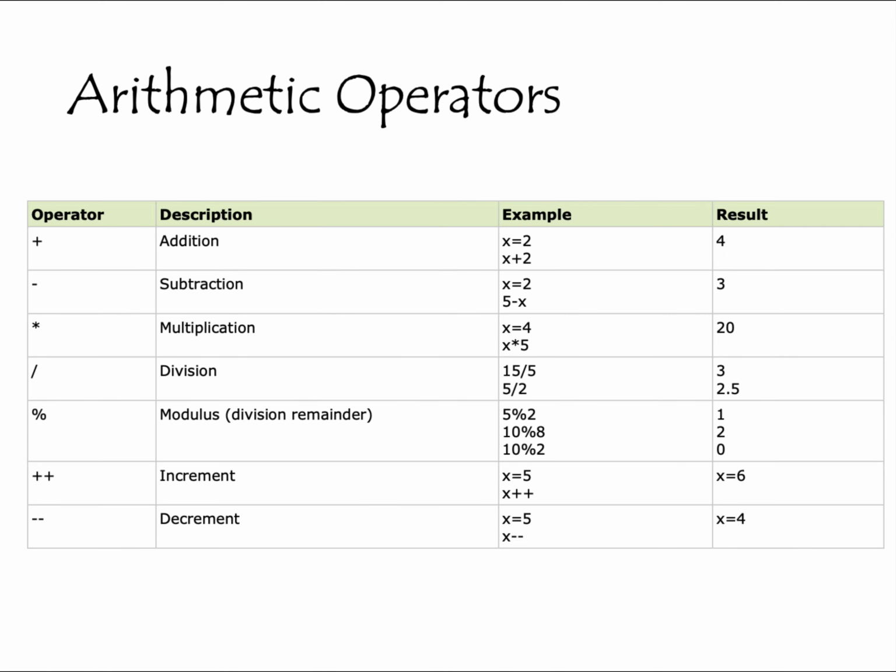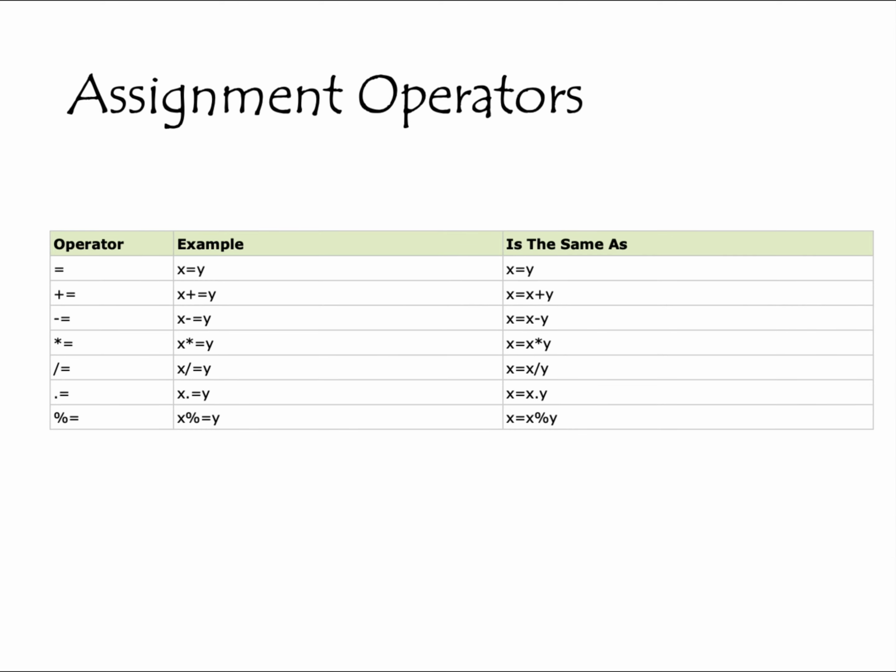In addition to arithmetic operators, in PHP, similar to other programming languages, you can use assignment operators. We already used this operator, the equal sign, for assignment when you use a variable and a value. So a value can be assigned.